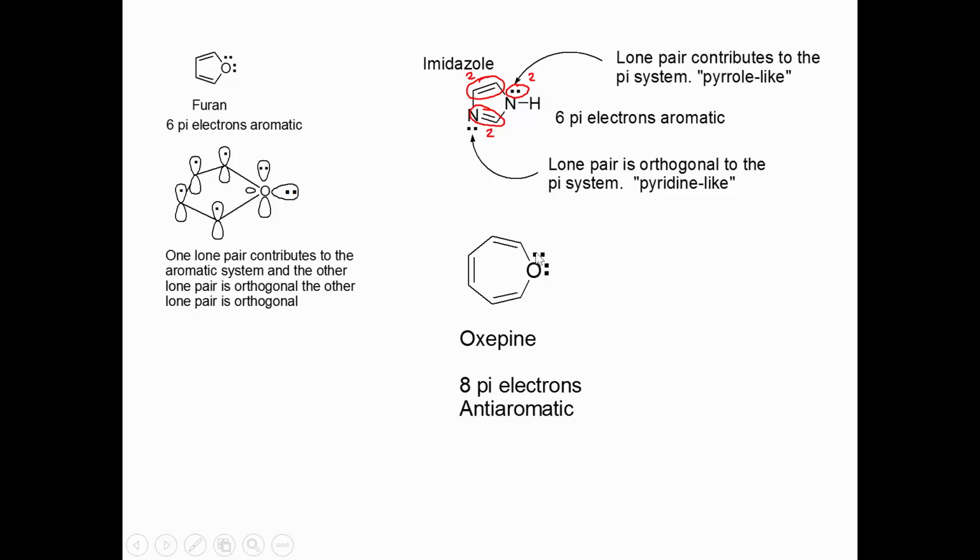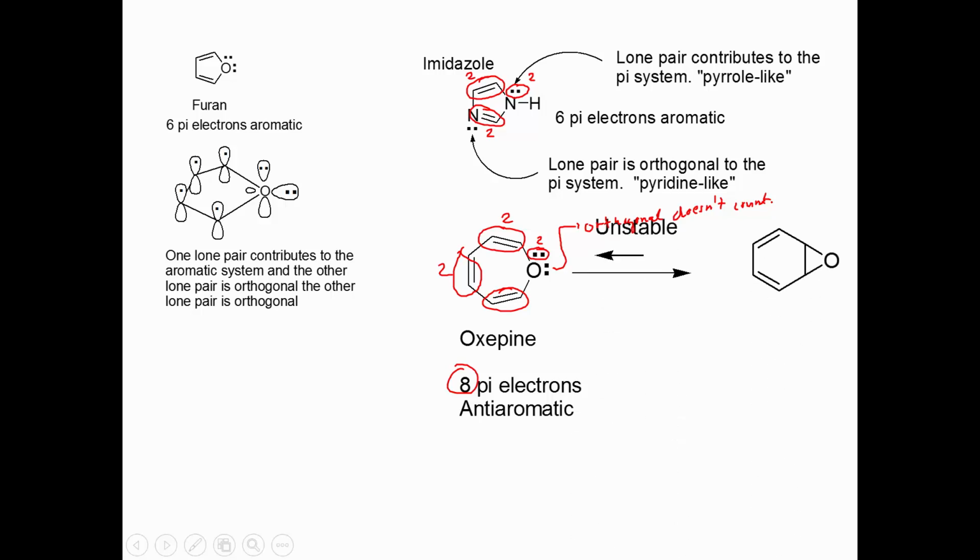So when you look at how many pi electrons are in conjugation in oxepine, there's 2 here, 2 for the pi bond, 2 there, 2 here. So this is 8 pi electrons, and this one is orthogonal. It doesn't count, again just like the second lone pair in furan over there.